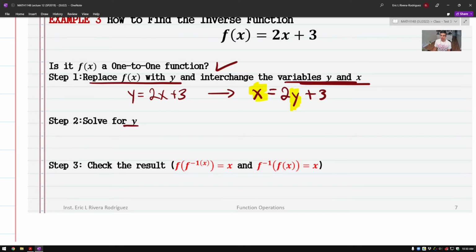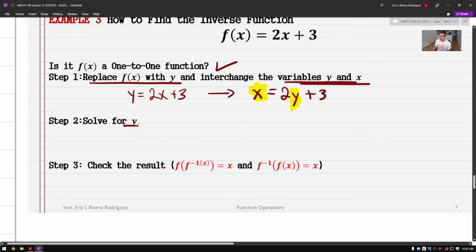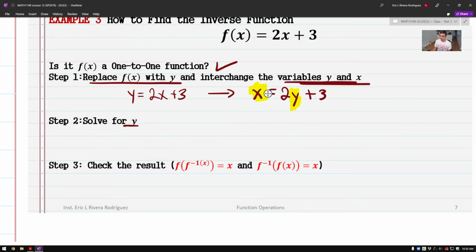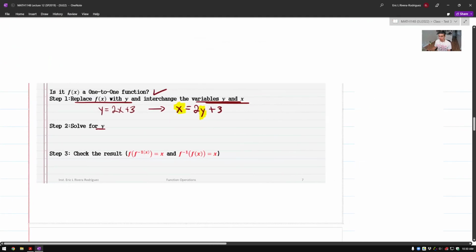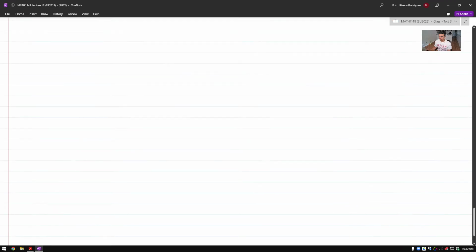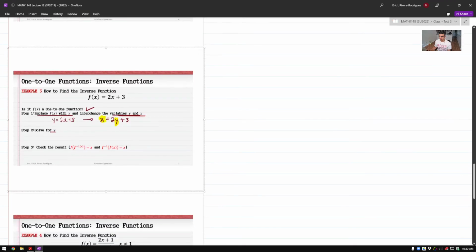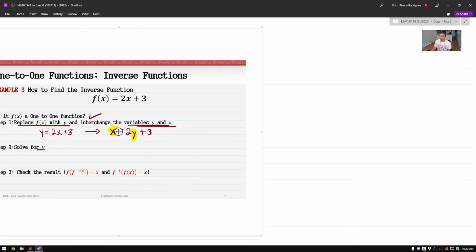Step number 2, then we are going to solve for y. From this one we are going to solve for y, and I don't have too much space, so I'm going to do it here. So we have this equation, and now we are in step number 2, solve for y.